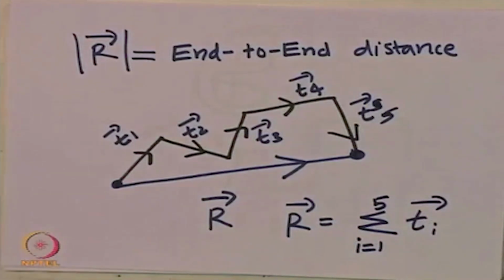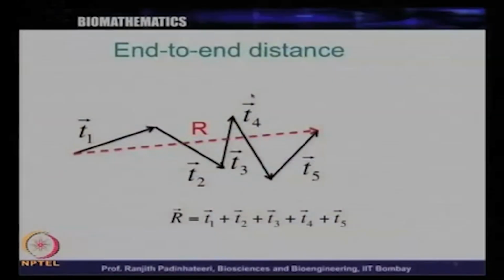So, this is essentially what is shown here. You have vectors T1, T2, T3, T4 and T5. The end to end vector, which is shown in red and represented by R, can be obtained by summing the T1 vector plus T2 vector plus T3 vector plus T4 vector plus T5 vector.